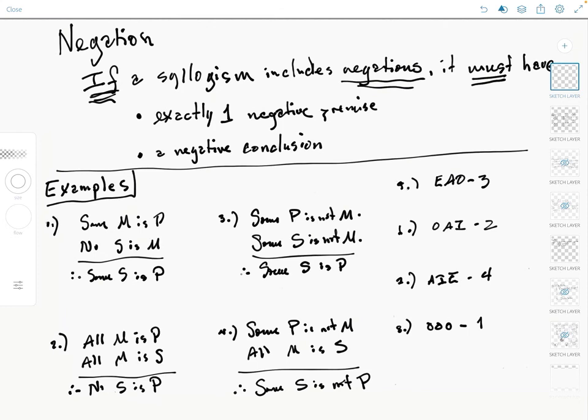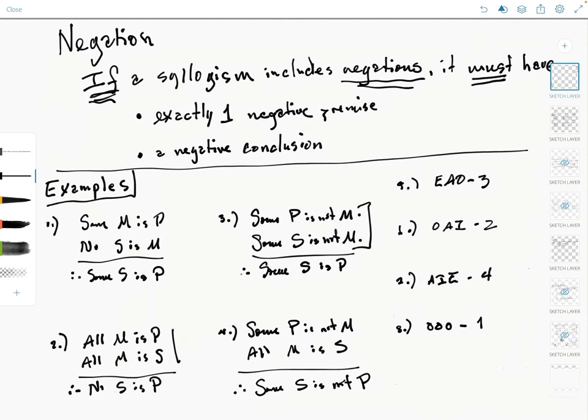Yes. It triggers the rule in that it has a negative as the conclusion, but look at the two premises. Both premises are affirmative, so this violates the rule by having no negative premises with a negative conclusion, which is named what? The fallacy of negative conclusion.